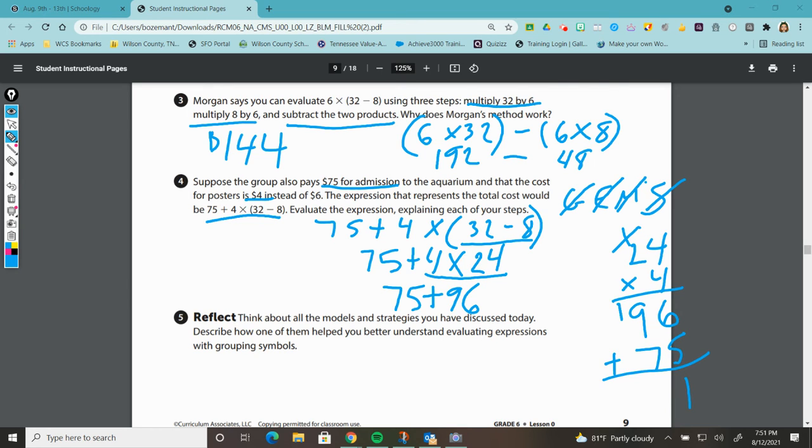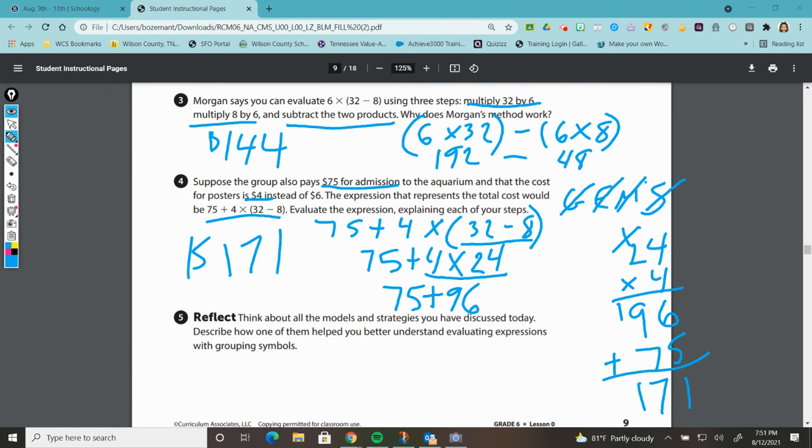Now we have 1 plus 9, which would be 10, plus 7 more would be 17. So we have 17 tens. And our final answer would be 171. So the cost now would be $171.